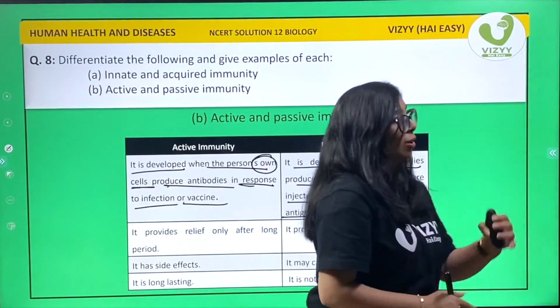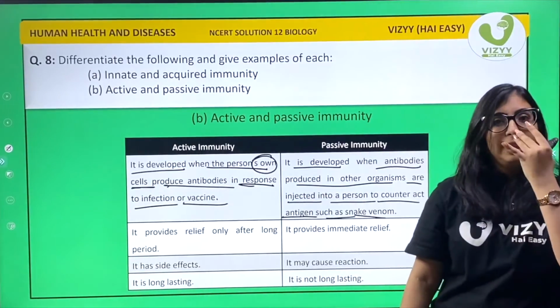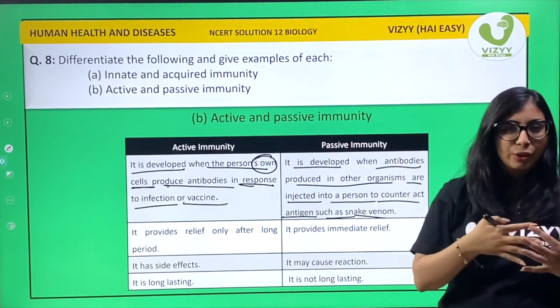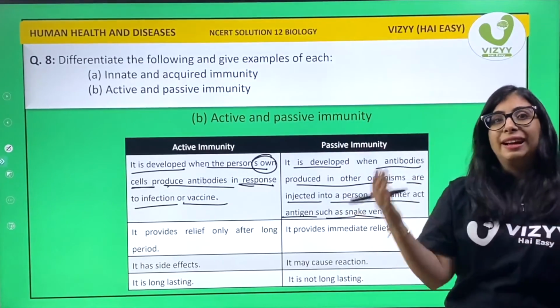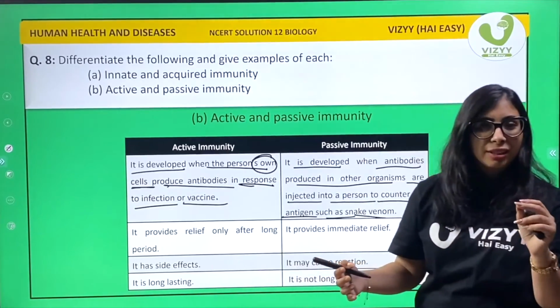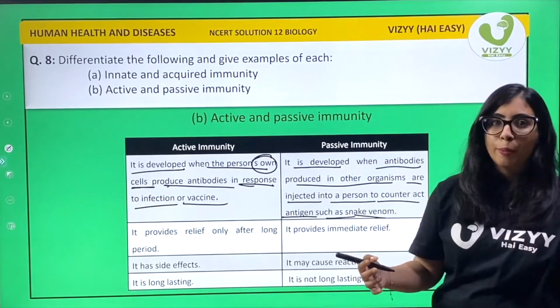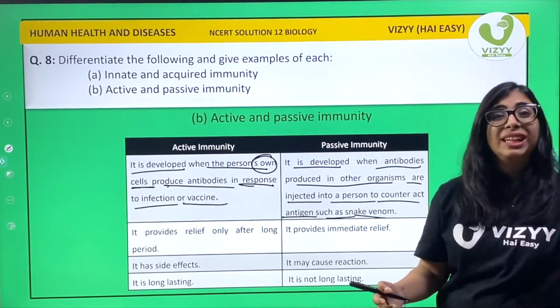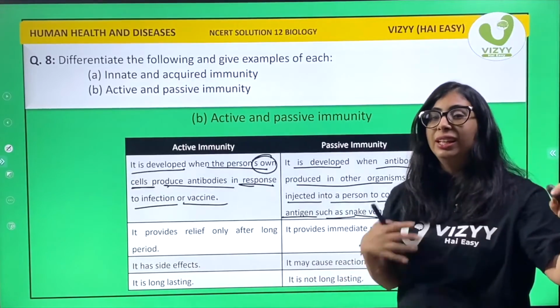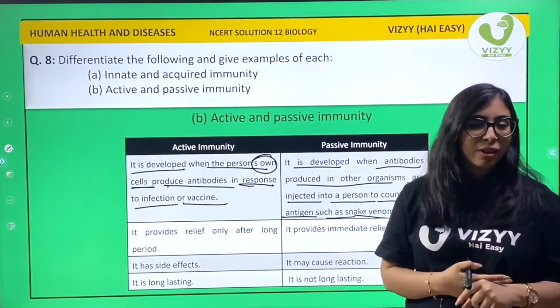Now, if you remember, there have been lots and lots of tales. In those tales, they always said that Chanakya was immune to poison. Why? Because he used to take poison in small quantities in his daily diet.